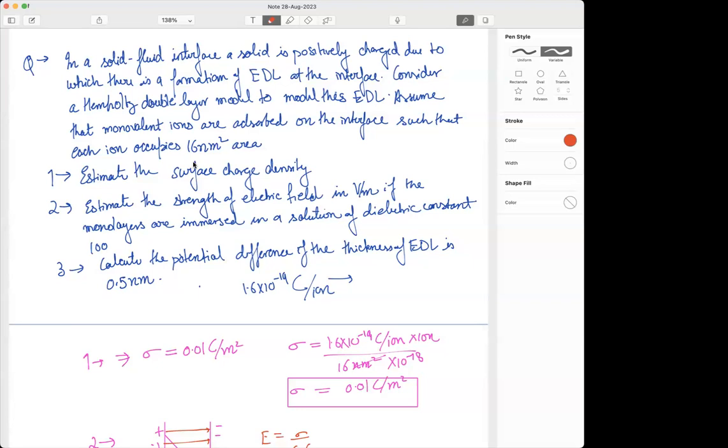The first answer is 10 to the minus 2 coulomb per meter square. Yeah, correct.